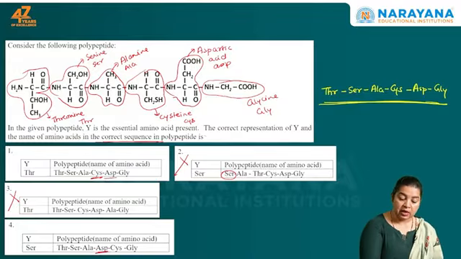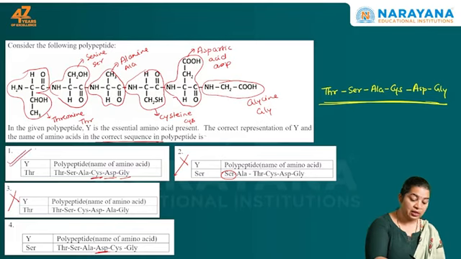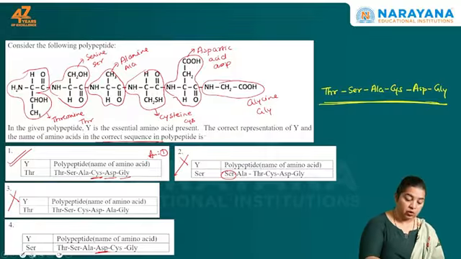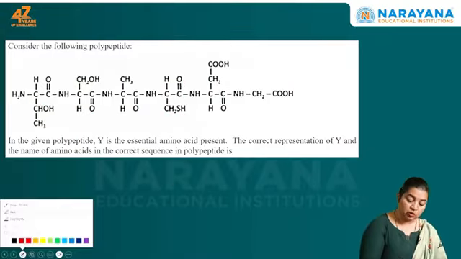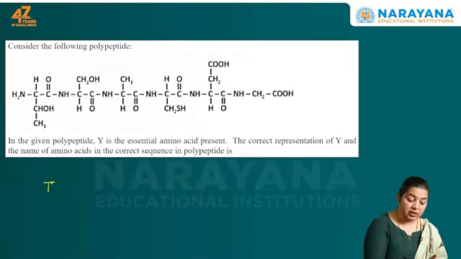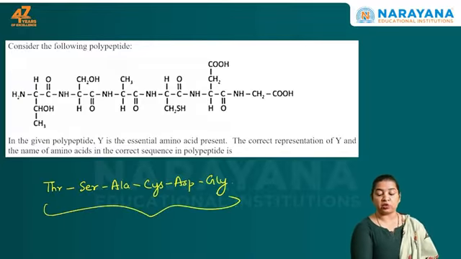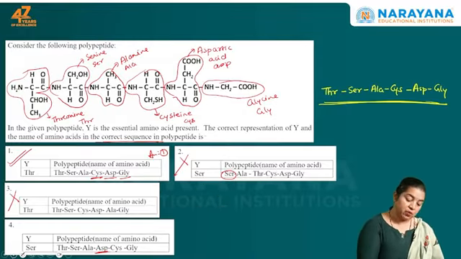Cysteine, after that aspartic acid and then glycine. So the answer for this question should be the first option. Let us conclude one more time. These are the important ones: threonine, serine, alanine, cysteine, aspartic acid and glycine. This is the combination we want, and thus we select option first.